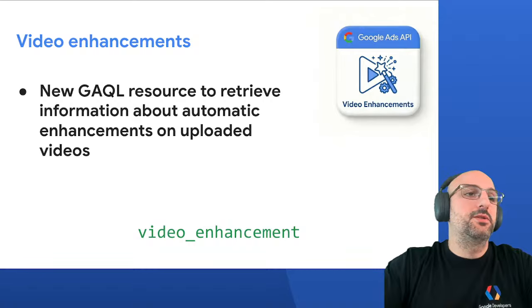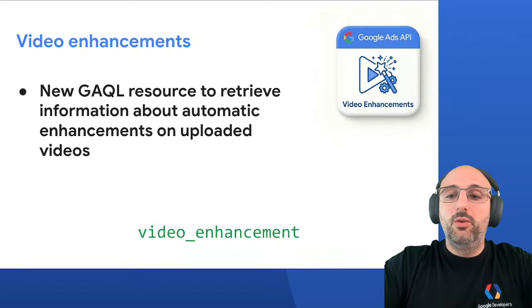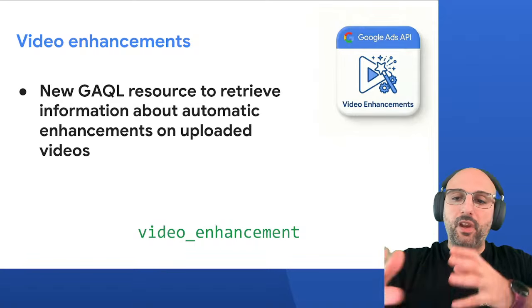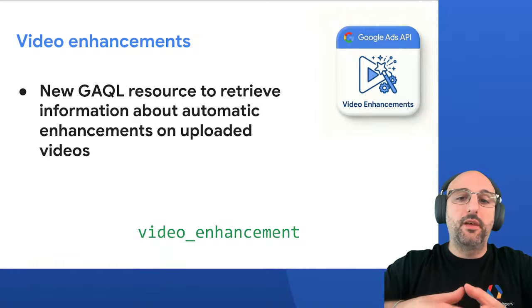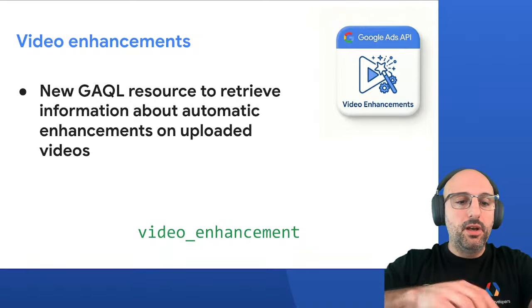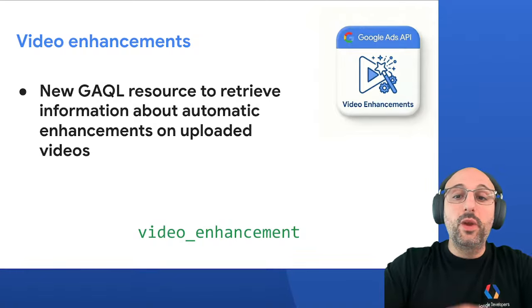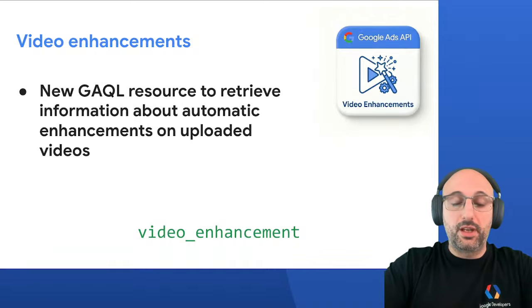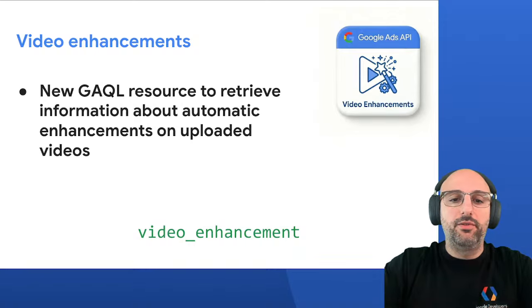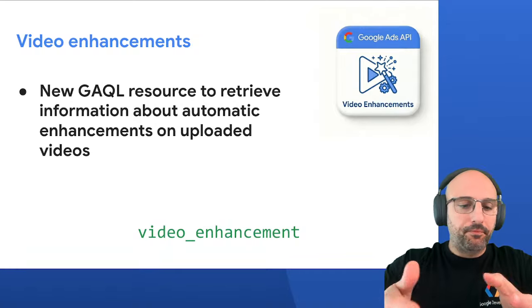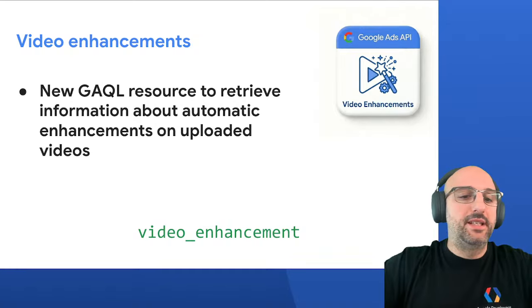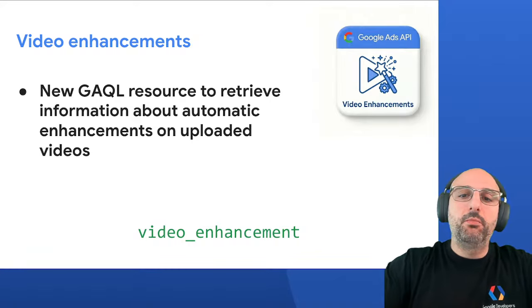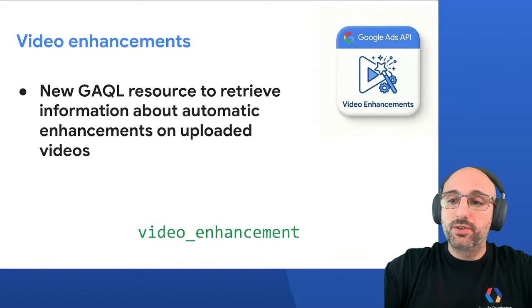Say, for instance, we can crop them, or resize them to make them perform better on some screen formats. Or we can extract highlights from these videos, making them shorter to make sure that the gist of your video ads is going to be captured. All these video enhancements can now be retrieved as if they were new videos by querying the video enhancement resource.